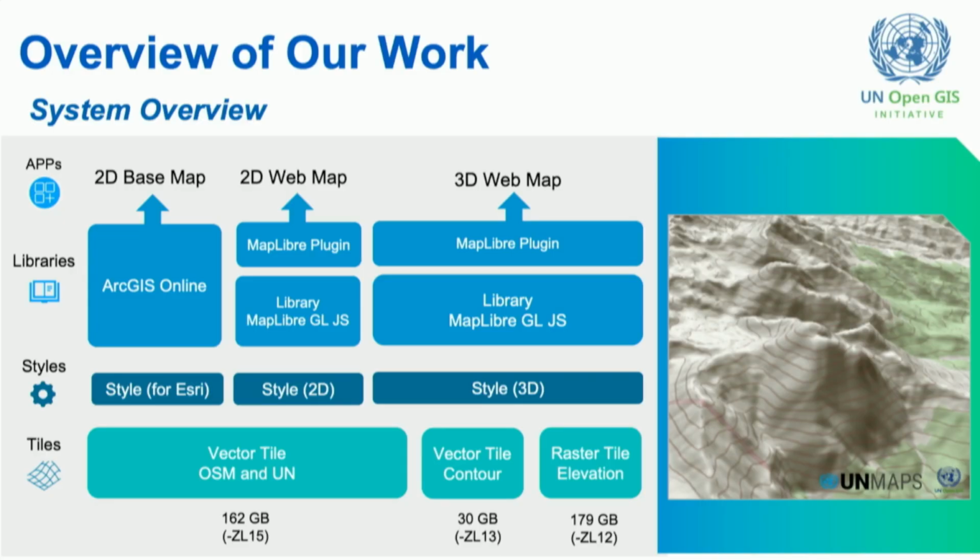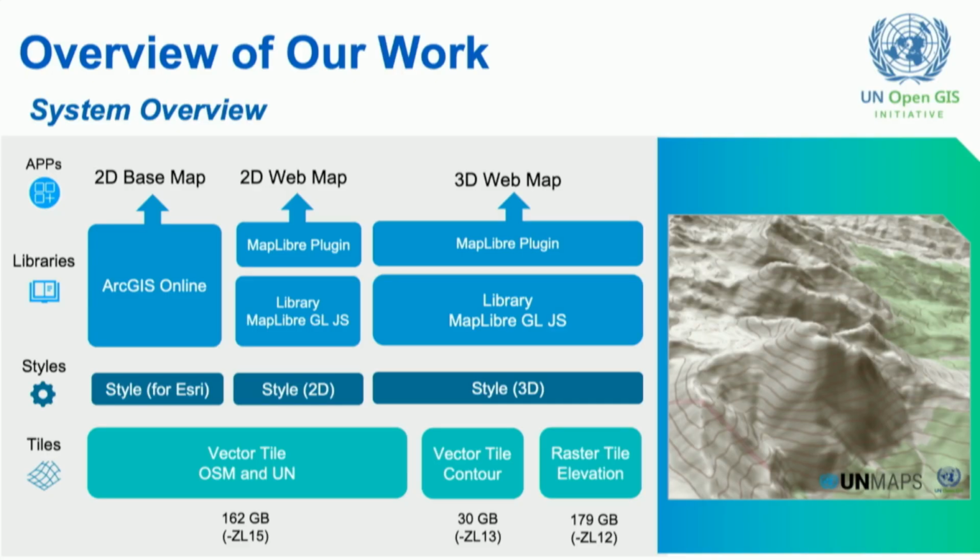Regarding libraries, as I mentioned earlier, the ArcGIS Online interface was developed to display a 2D base map. We also have MapLibre GL JS and its plugin to display a 2D web map.